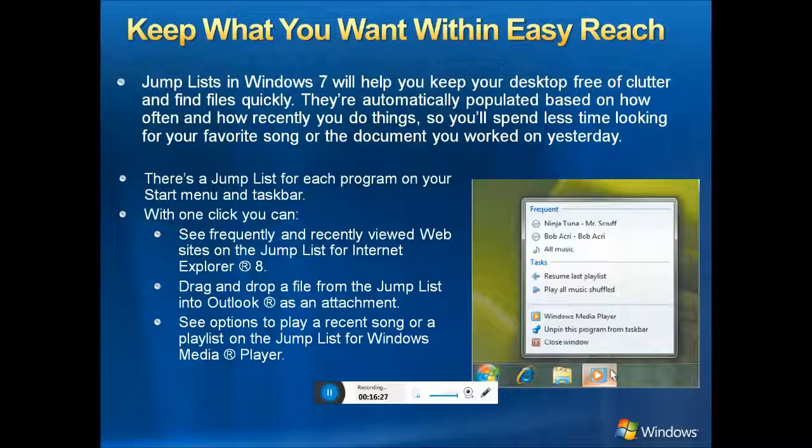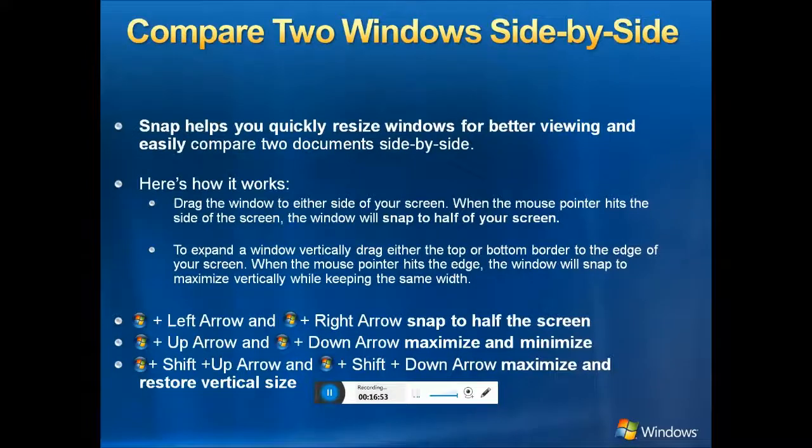There is a Jump List for each program in the Start menu and taskbar. With a click you can see frequently and recently viewed websites on the Jump List of Internet Explorer. Drag and drop files from the Jump List into Outlook as attachments. See options to play recent songs or playlists on the Jump List for Windows Media Player.